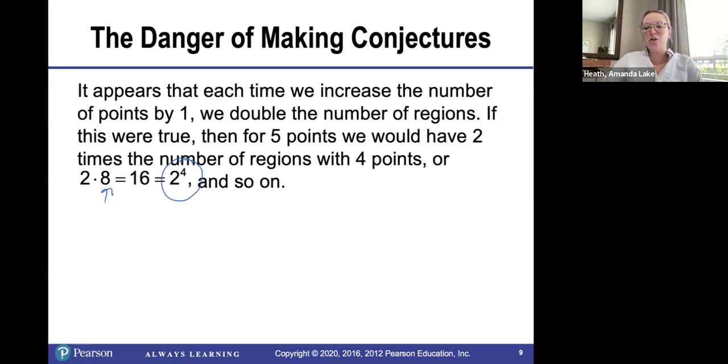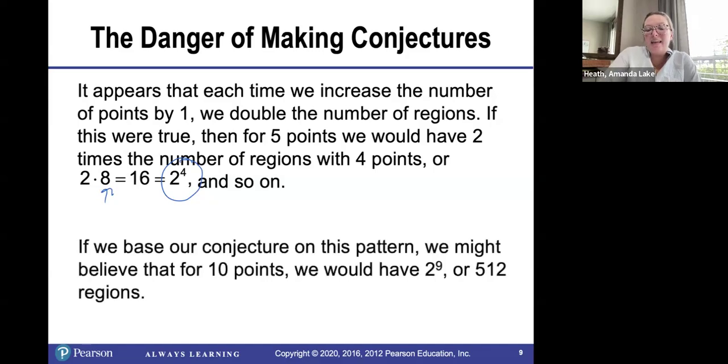We might think that if our conjecture is right, that it's going to double every time, then we would have 2 to the 9th if we have 10 different points, right? If we make a table, with the number of points and the regions, then with 2 points, we had 2 regions.